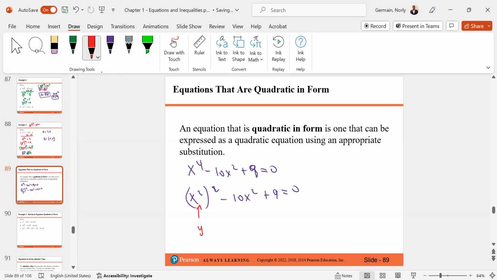Just realize that everywhere you see x squared, you replace it by another letter. Let's say y. So we're going to have y squared minus 10y, because x squared is y, plus 9. See, already you have something you can rewrite.